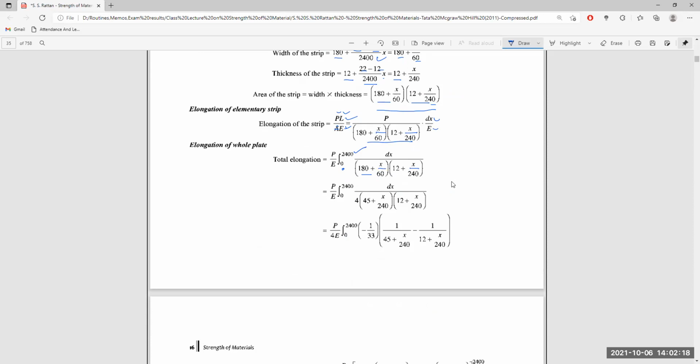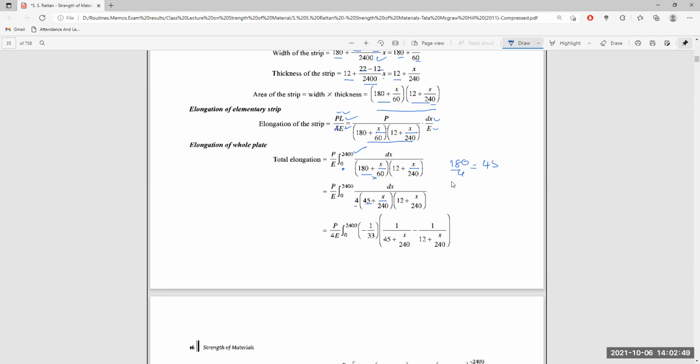Now, the question is how we shall make this integration. If we simplify the matter a bit, we take 4 outside. 180 divided by 4 is equal to 45.